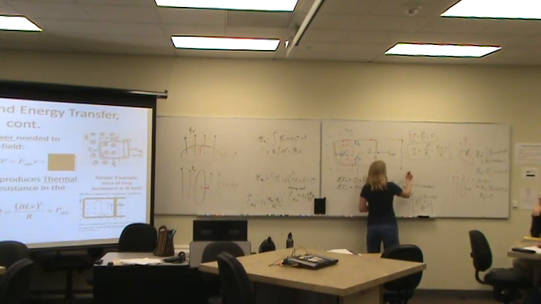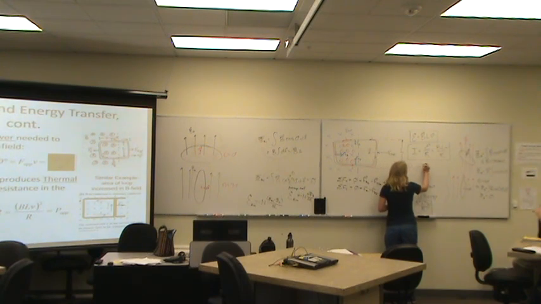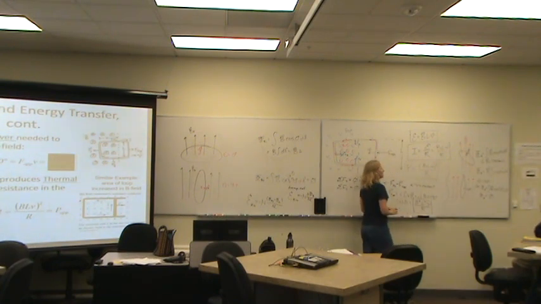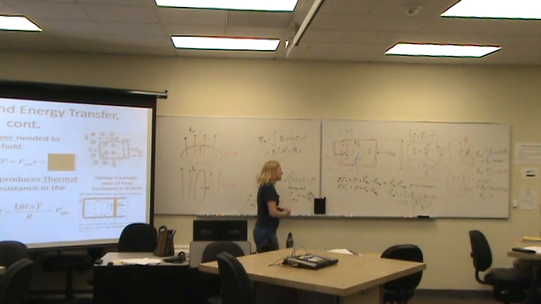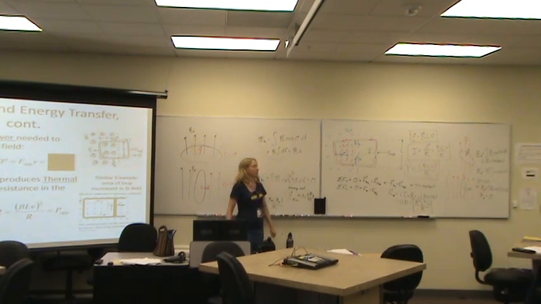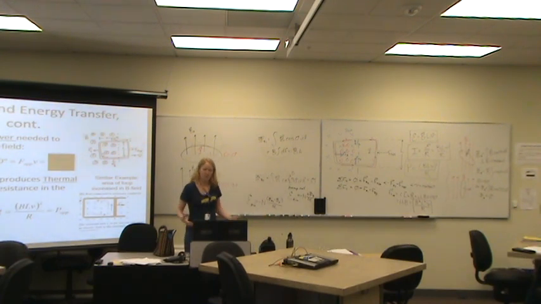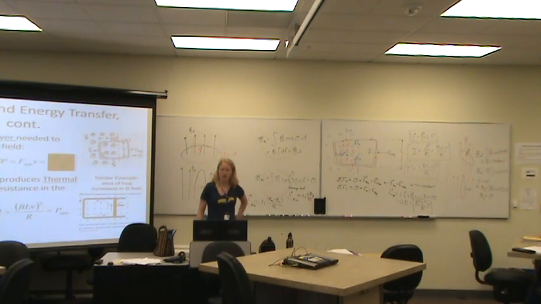And so that would give you power as well. So it's kind of cool. I mean, you can solve for all these things, but again, there's not a whole lot of engineering applications. This is just a very physicsy kind of problem.